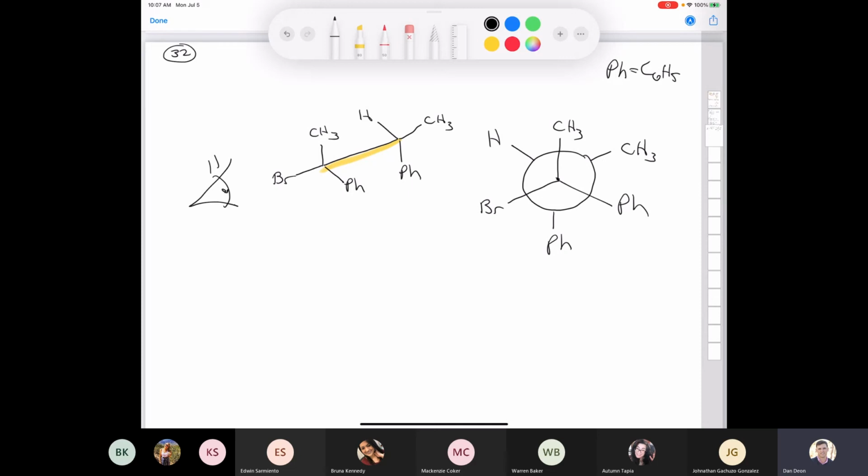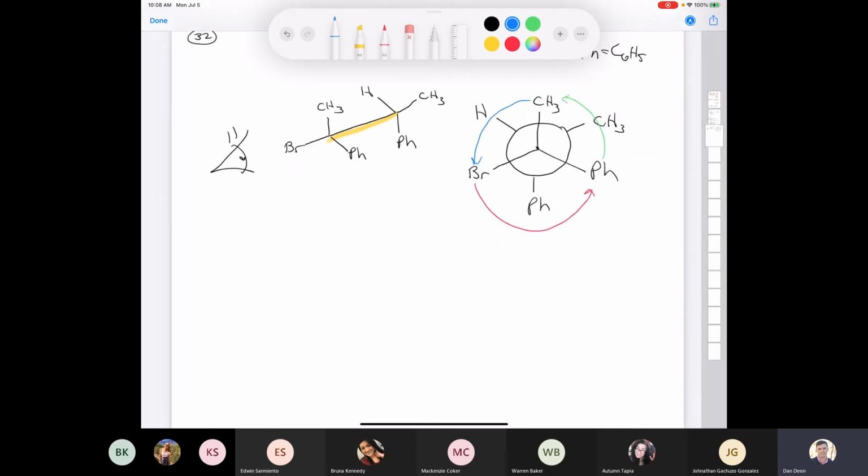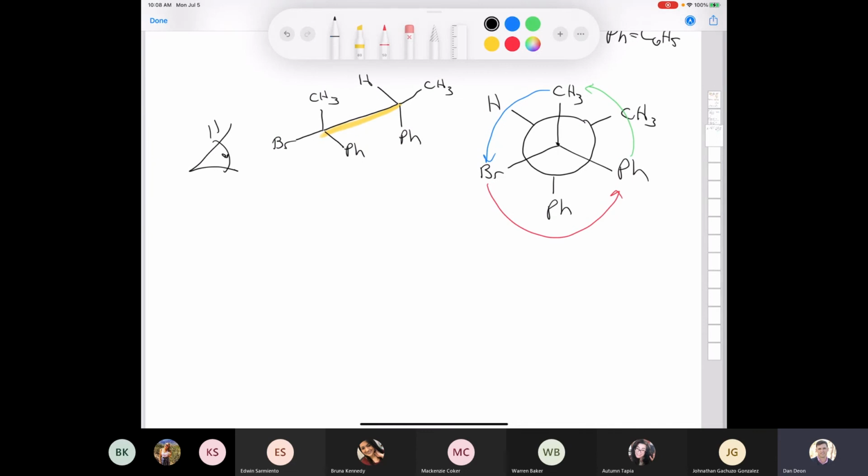So what I'm going to do is rotate this one. The bromine's going to go up here, the phenyl group's going to go up here, and the methyl group's going to go down here. Let's draw what that would look like. Everything in the back stays the same. I've got the hydrogen over here, my methyl group over here, phenyl coming down.